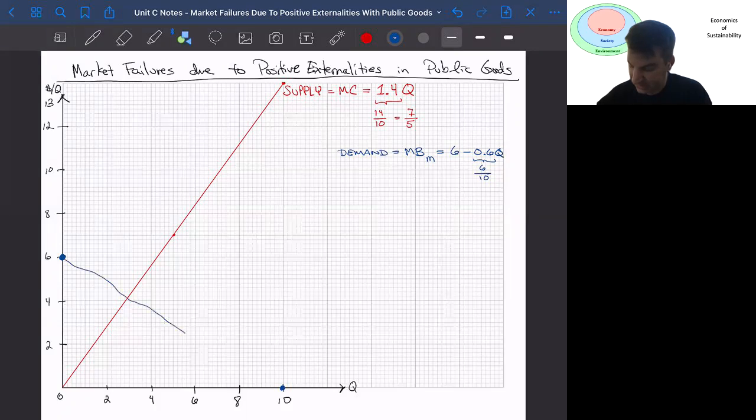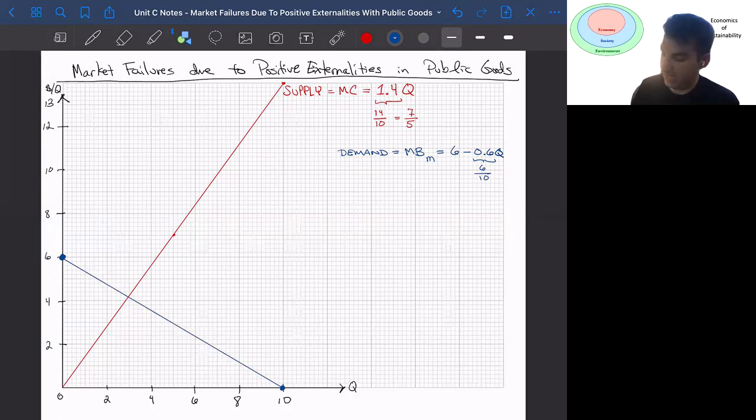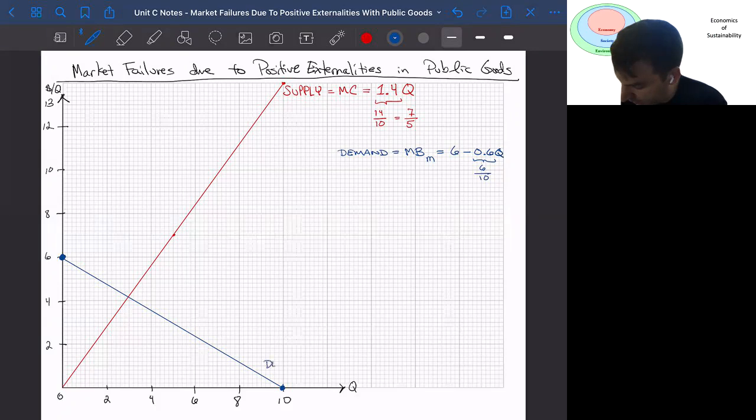If I draw a line that connects those two, then right there, that is my demand curve, which again is equal to the marginal benefit to just the members. These are the people who are paying for the good.